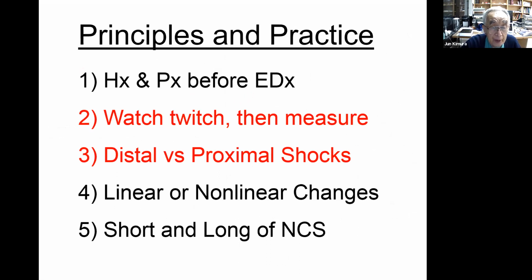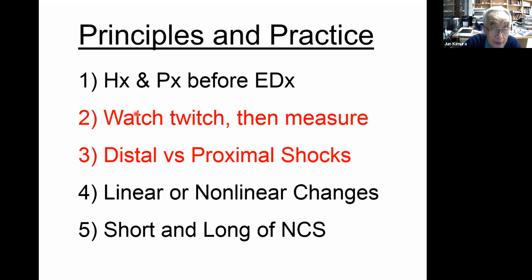Now the next one, as I told you earlier, is watch twitch. When you stimulate the nerve, you have to watch which muscle twitches. And number 3 is, are you stimulating distally or proximally to the site of the nerve lesion region?